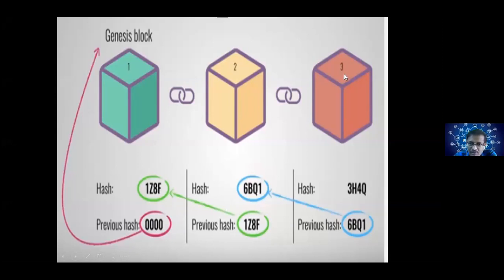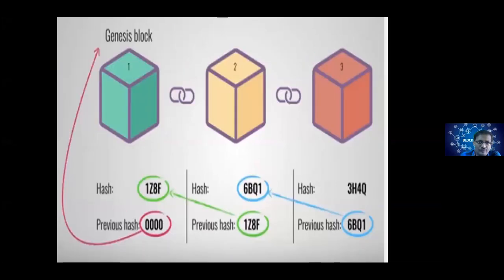Similarly, in the third block, the block hash is 3h4q and the previous hash stored in the third block is the second block's hash, which is 6pq1. Hope it's clear.